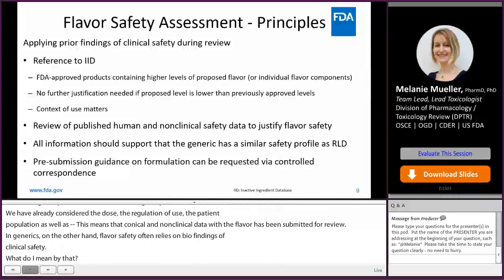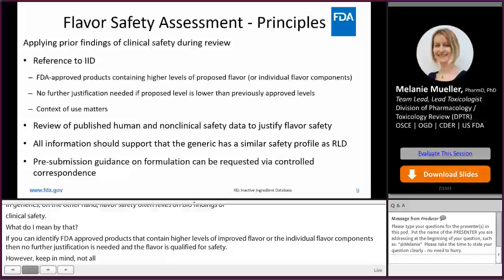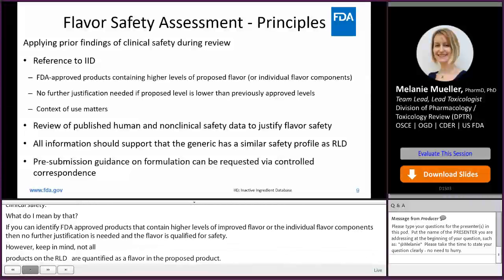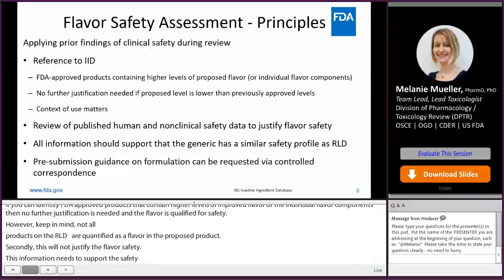However, keep in mind context of use matters, so not all products listed in the IID that contain the same flavor are suitable to adequately qualify the flavor in a proposed product. Secondly, we review published human and non-clinical safety data to justify the flavor safety. All information needs to support that the generic has a similar safety profile as that of the reference listed drug. There's also an avenue for applicants to get pre-submission guidance on formulation. Such guidance can be requested via controlled correspondences.